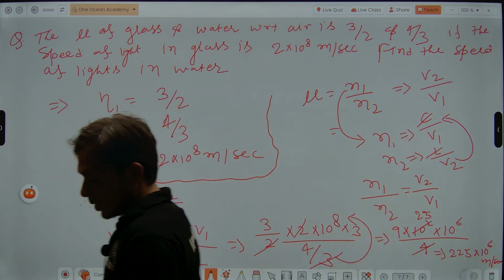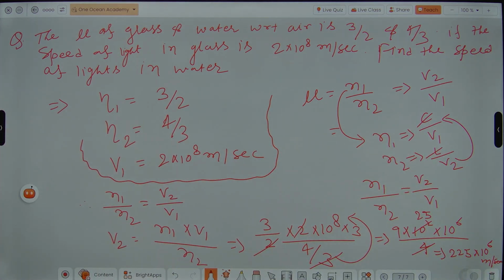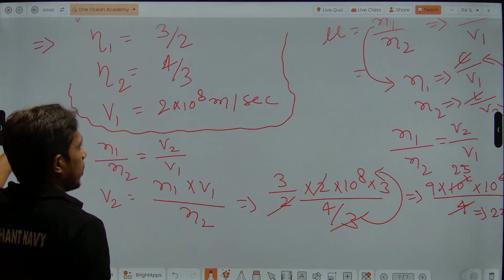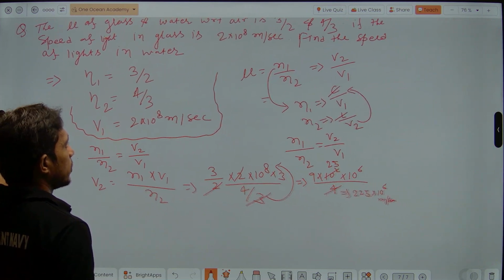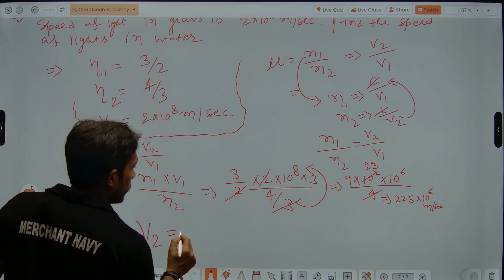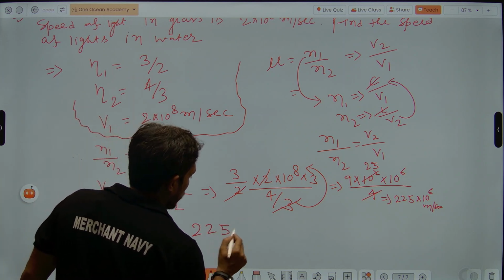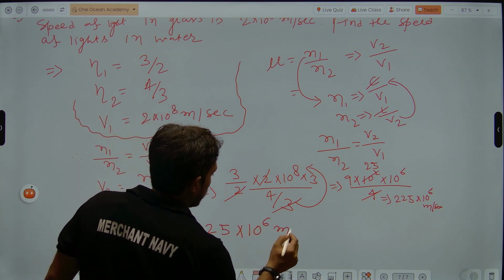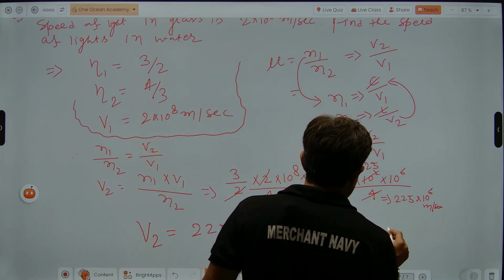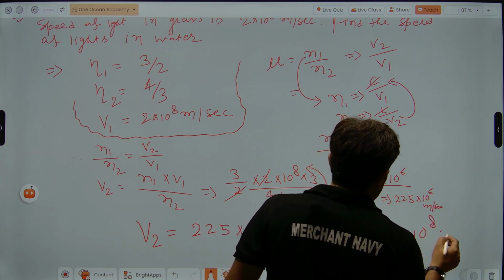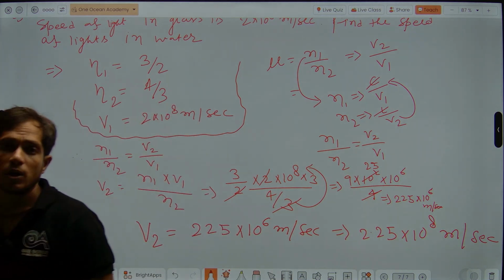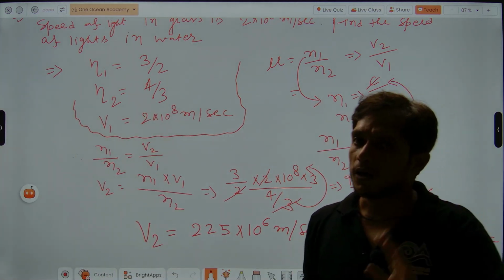That is the required solution of this question. So, V2 will equal 225 into 10 to the power 6 meter per second, or 2.25 into 10 to the power 8 meter per second. This is the required solution.